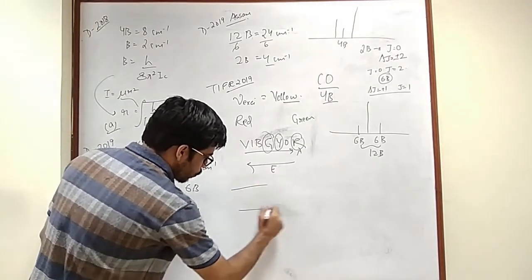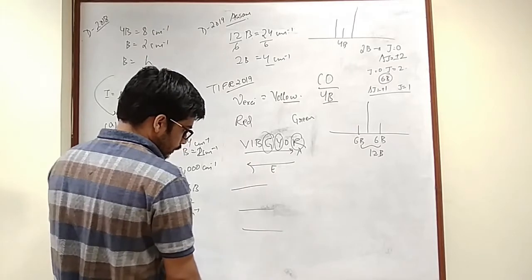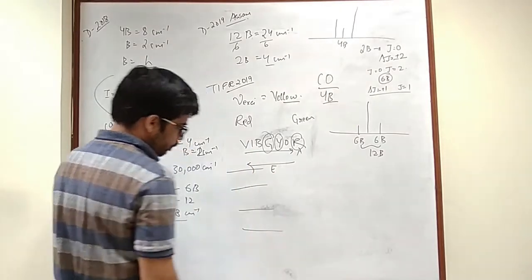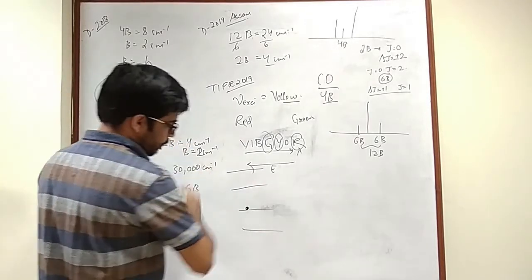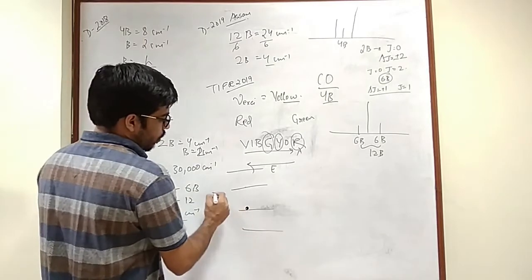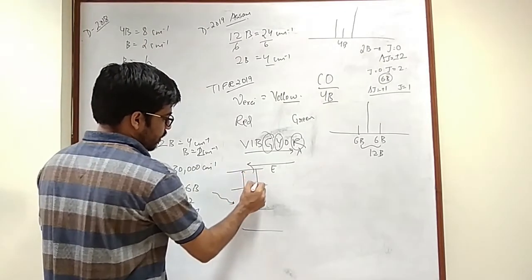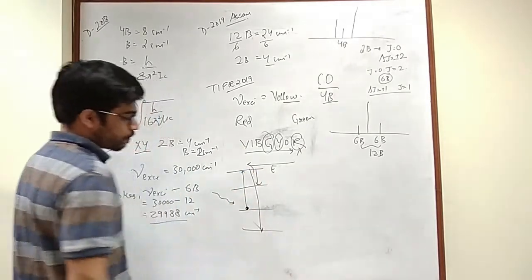Let's say you have three energy levels, let's say 4, and the molecule is here. You give yellow light, it takes some energy, and let's say it comes here. Another possibility is it comes here.